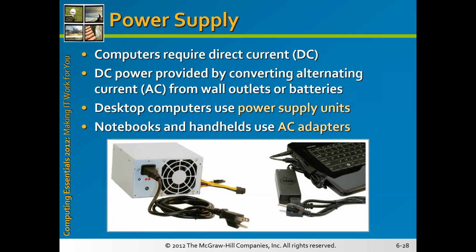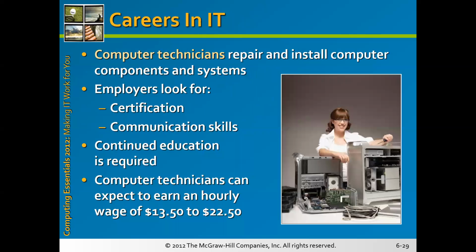Cables are used to connect exterior devices to the system unit via the ports. Direct current, or DC, powers computers. Desktop computers have a power supply unit within the system unit. Notebook computers use AC adapters that are located outside the system unit.